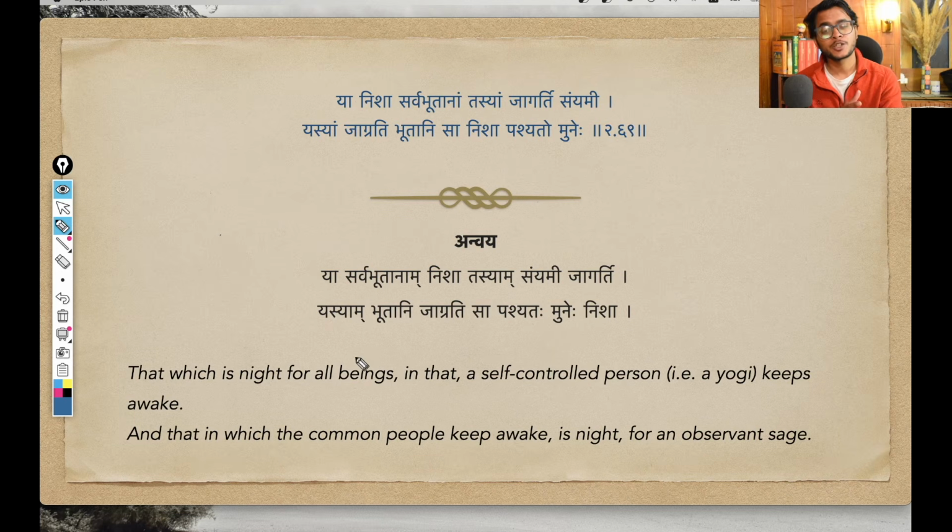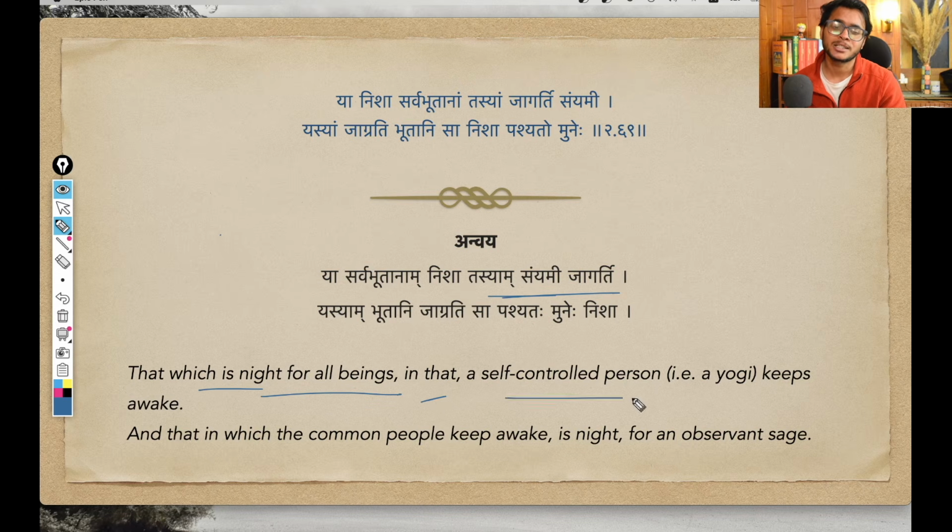So to show the contrast between common people and those who have mastered this self-control, a yogi, a sage, Krishna is saying, ya sarva bhutanam nisha, that which is night for all the beings, tasyam sanyami jagarti, in that, a self-controlled person, that is a yogi, keeps awake.